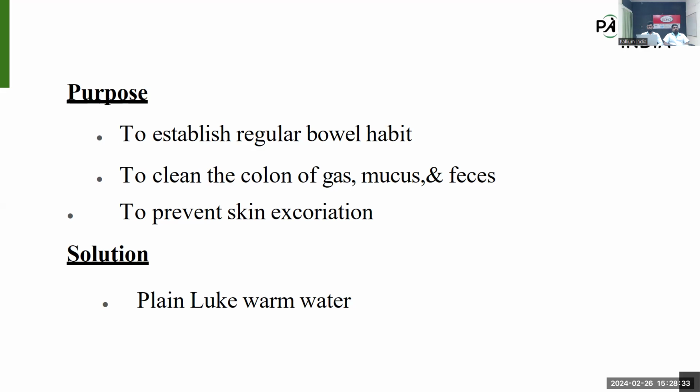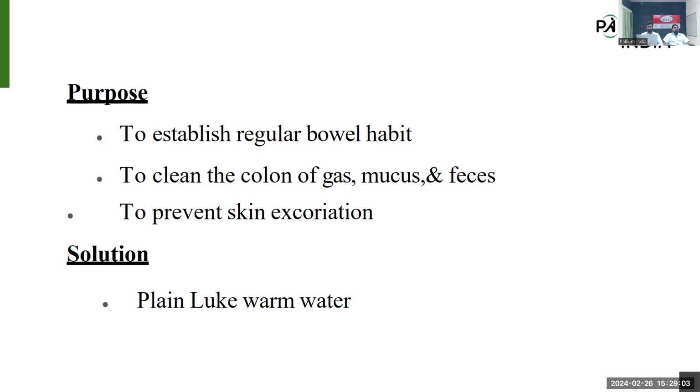But in the colostomy, the stomal region has no sphincter control, so no habit formation will happen there. By using colostomy irrigation, we can establish a regular bowel habit for that person. We completely flush and wash the colon with lukewarm water, cleaning gas, mucus and fecal matter completely from the colon.